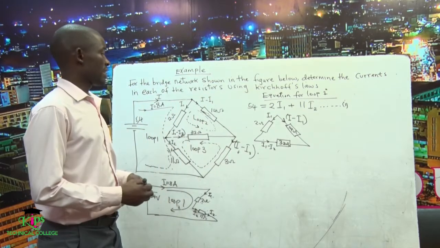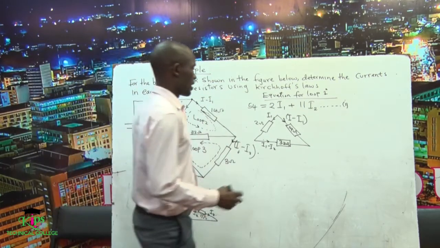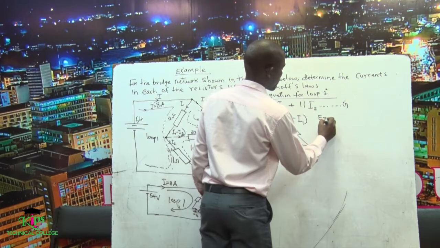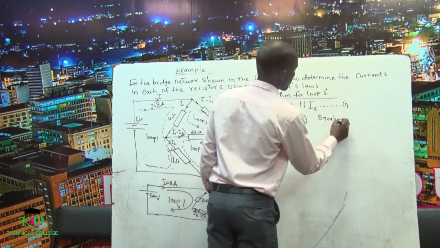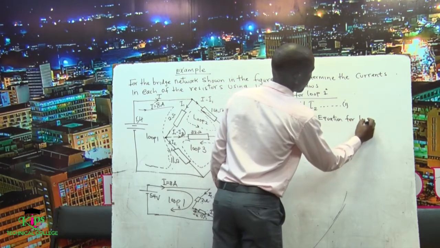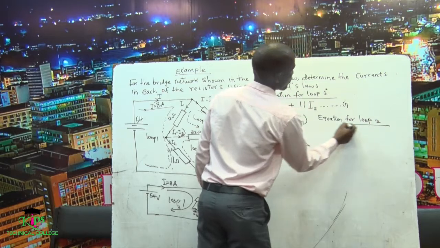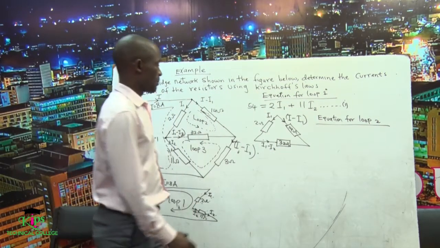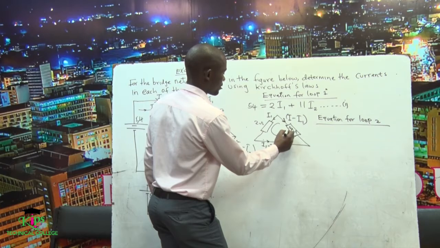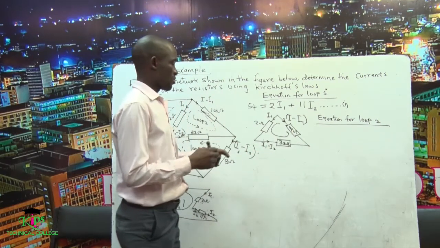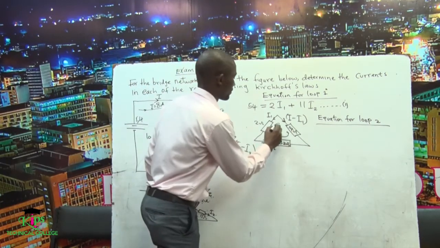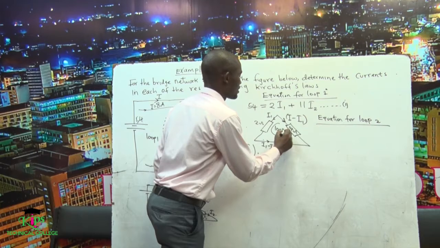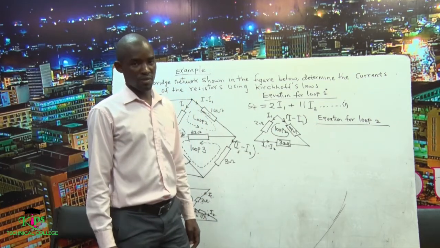So once you identify that, we can now write the equation for loop 2. Remember, there is no voltage source in loop 2, so we will assume the voltage is equal to 0.